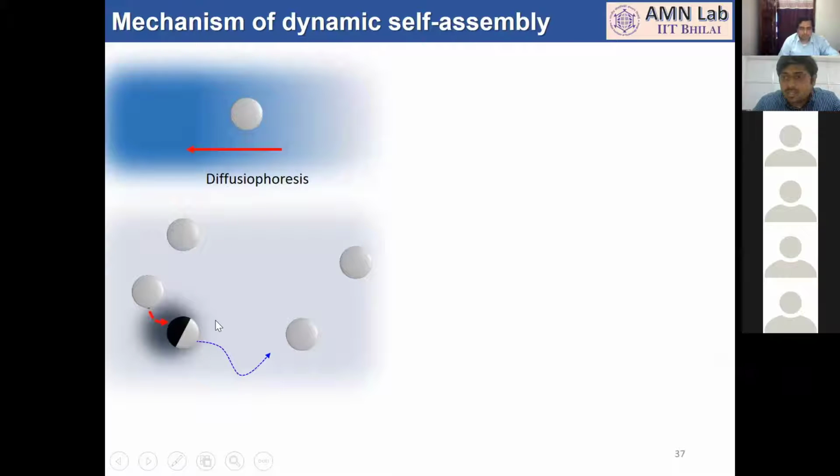So in this system, where nanomotors can produce a local chemical gradient, the surrounding particles can respond to it, start to move towards the nanomotor, and get attached. Further, the motion of the nanomotor facilitates the capturing of distant or distributed particles, and this structure grows in size. So this is how it forms a crystallite.